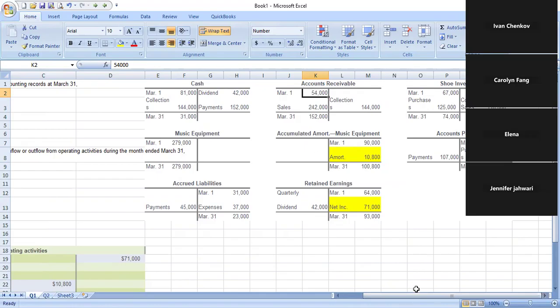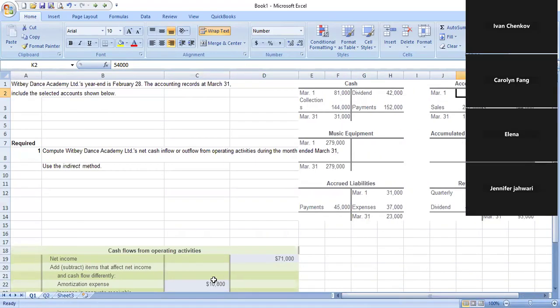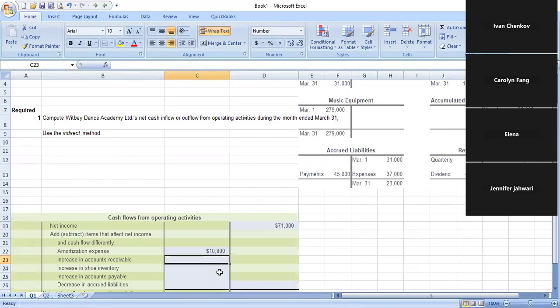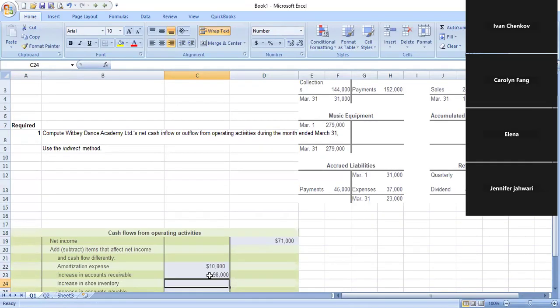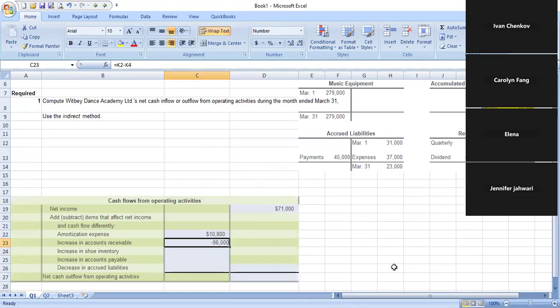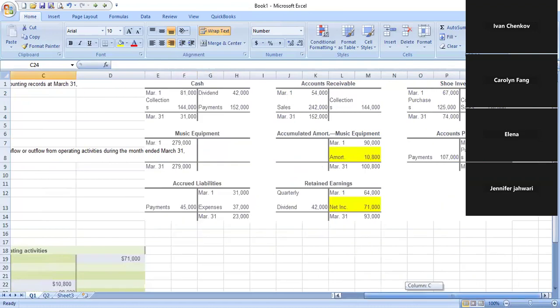Yes, that's exactly what you have to do here. Boom, it gives you the number right there. Now, next, see the shoe inventory. Once we do that, we mark those ones in yellow. That means I'm done with this information and I don't need it anymore.